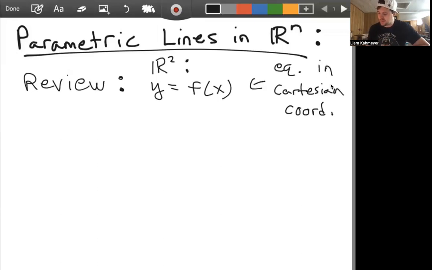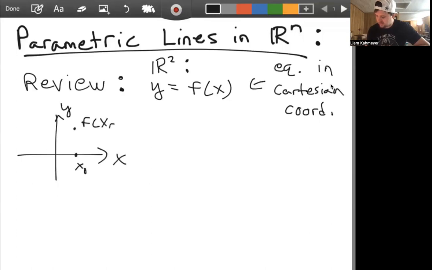So we're looking at this function y equals f of x, and what the function f does is assign to every point x a value y. That's what a function does. So here would be x; if this is x naught, that would be f of x naught. And for a collection or family of points x, you get a curve, say something like this.